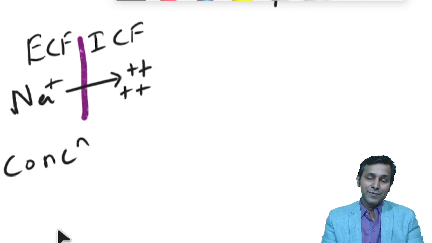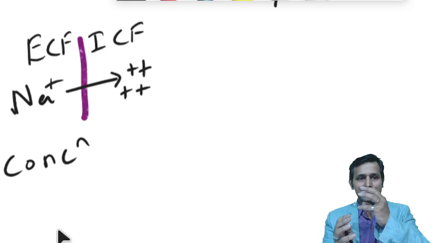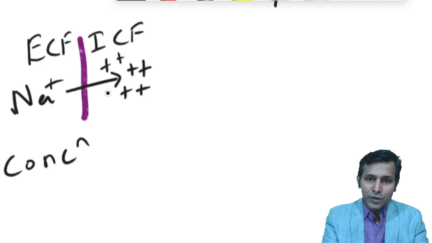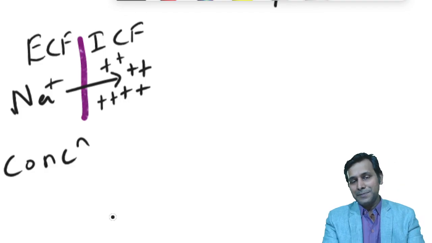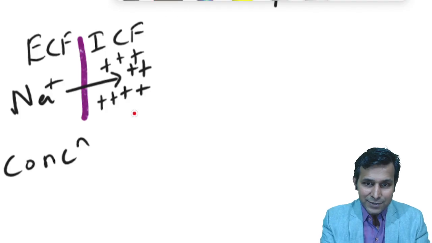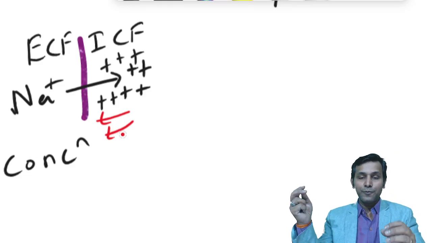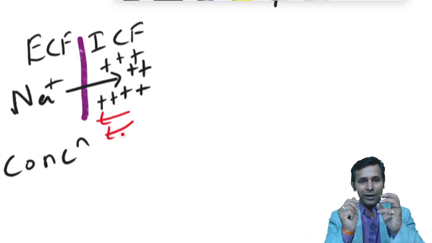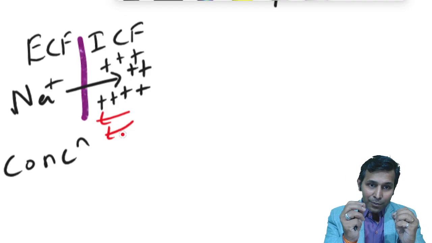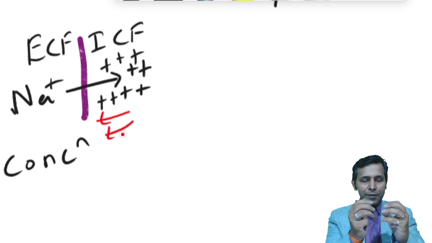But you know what will happen now? Because it keeps on moving from outside to inside, a point will be reached where there will be so much positive voltage inside the membrane that this positive voltage will cause repulsion of the sodium ion movement. They will push the sodium out. I'll repeat once again. Sodium ion is moving from outside to inside, and it is developing a positive voltage.